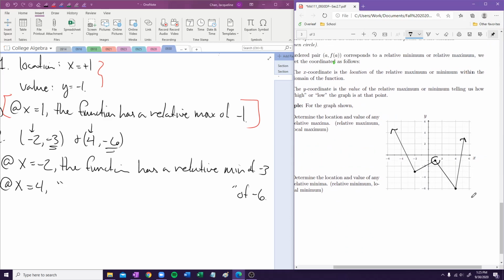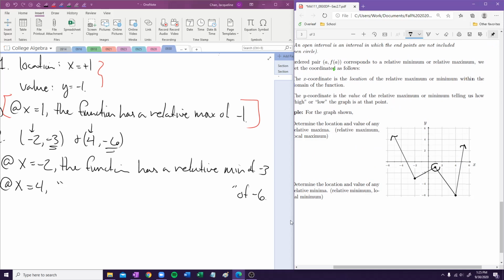So in this case, my f of a is equal to f of 1, right? So that means the y value of this, f of 1, if I took this open interval, so like say right here to here, no matter what x I pick on the graph, my y values are less than this point right here.